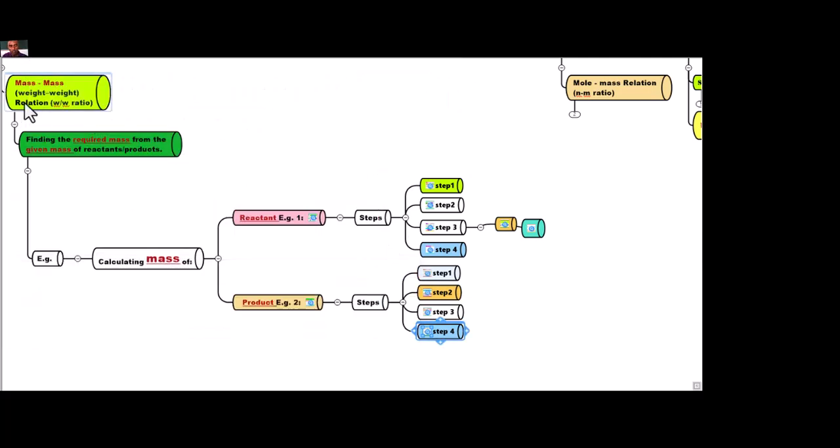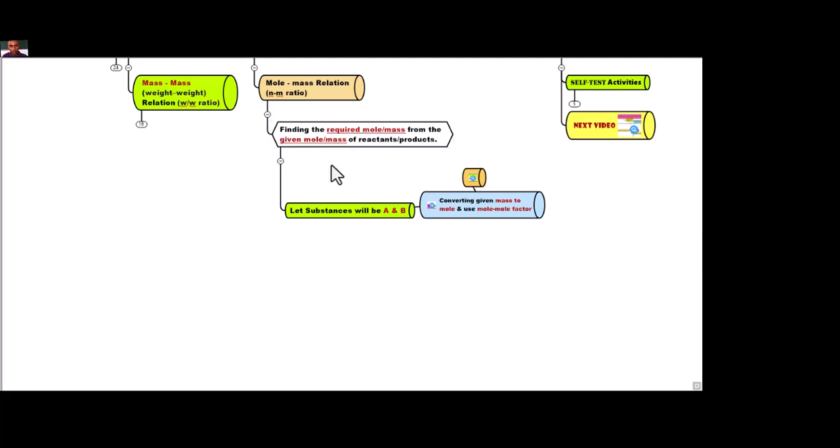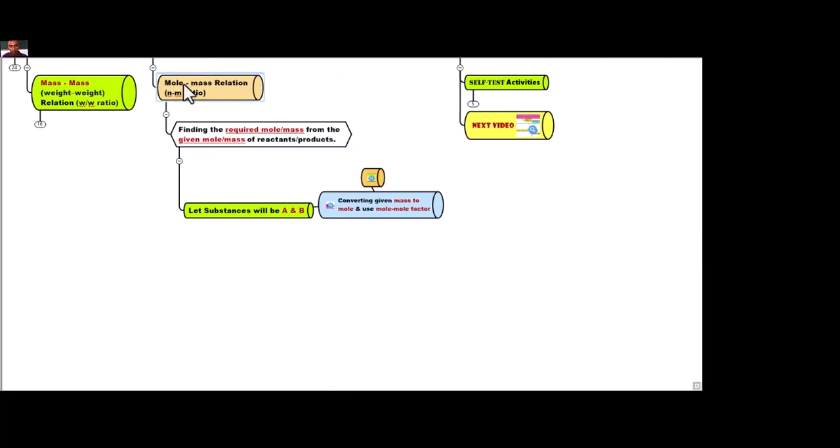Another thing is the mole-mass relation. In this case, you are asked to calculate the mass from the given mole or the mole from the given mass. Let the substances be A and B, and by using this relation you can convert the given mass to mole and use the mole factor.